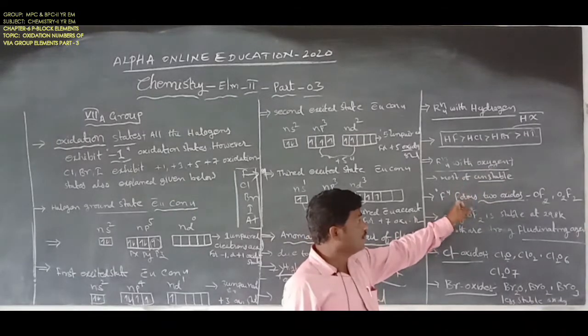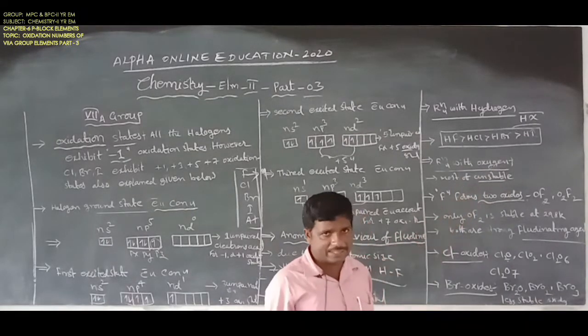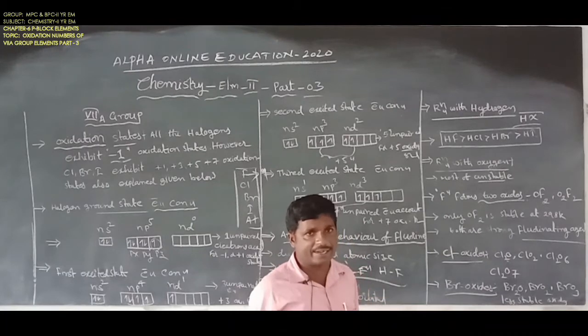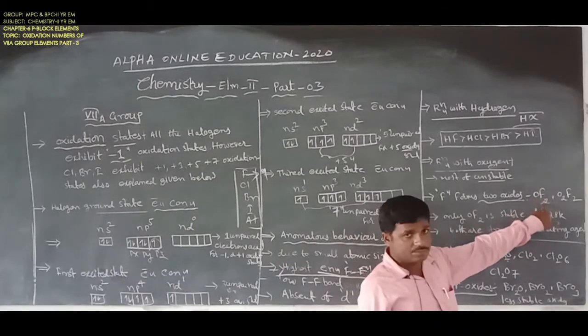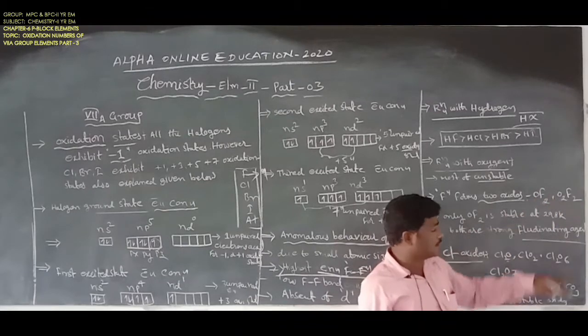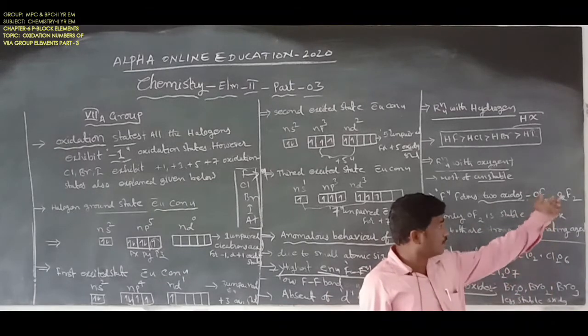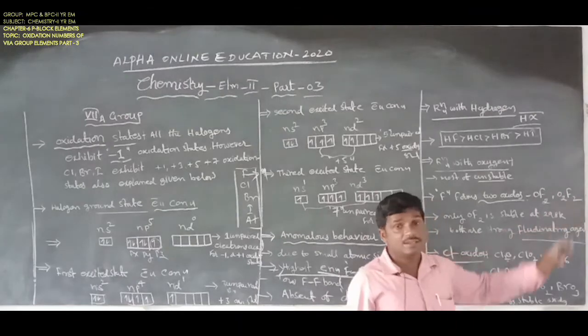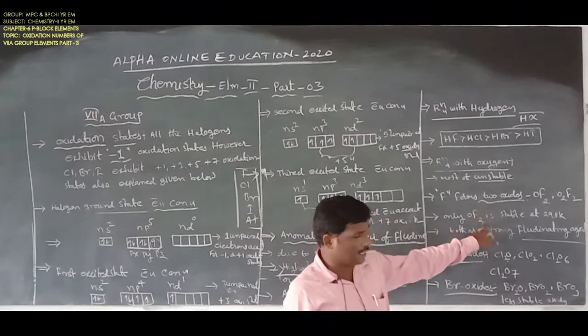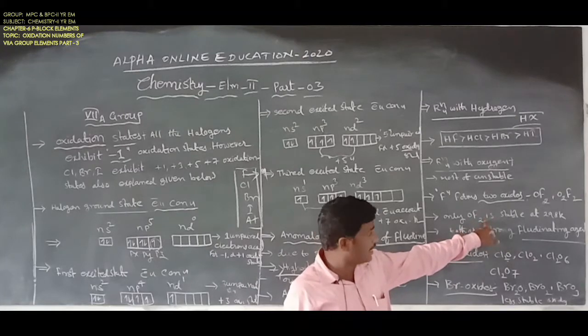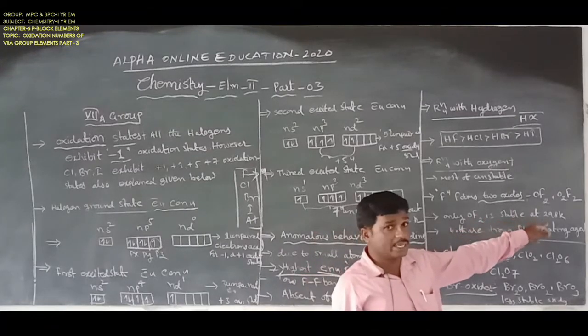For example, fluorine forms two types of oxides, OF2 and O2F2, also known as fluorine oxides. Only OF2, oxygen difluoride, is stable at 298 kelvin.